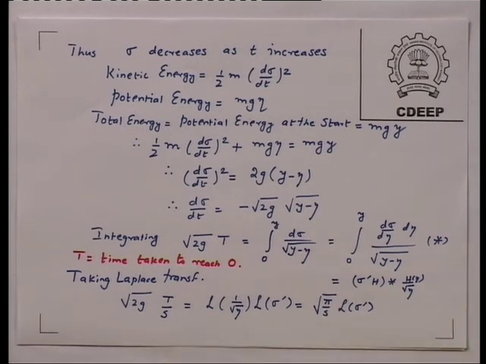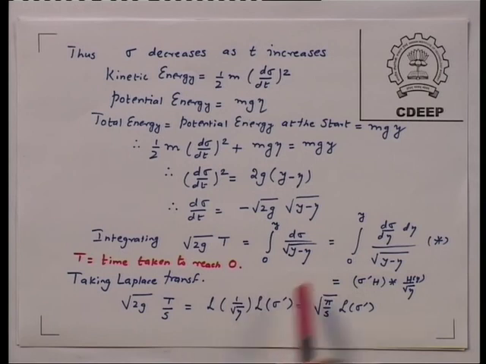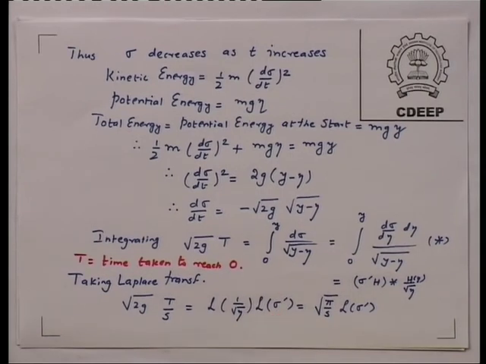Take the Laplace transform, you get root 2g capital T by s equal to the product of the Laplace transforms of the convolution: Laplace of 1 over root eta, Laplace of sigma prime. Laplace of 1 over root eta is root pi by root s, correct.